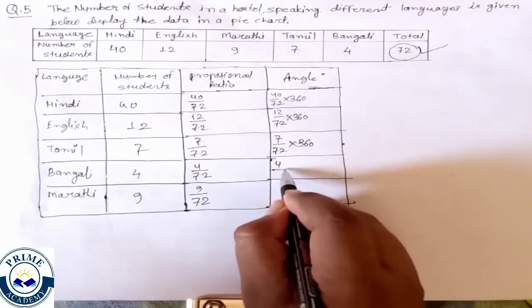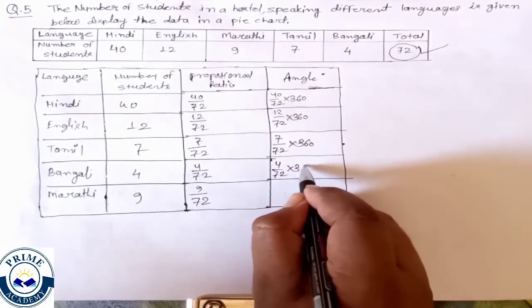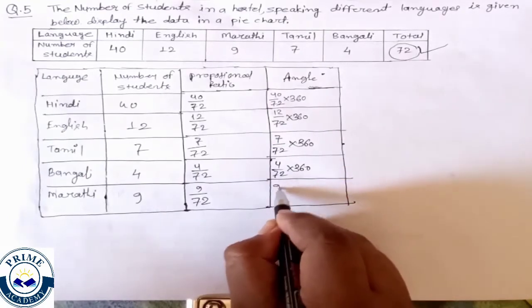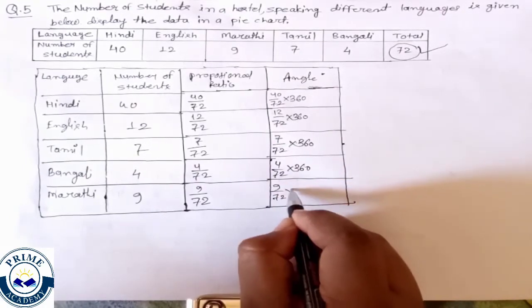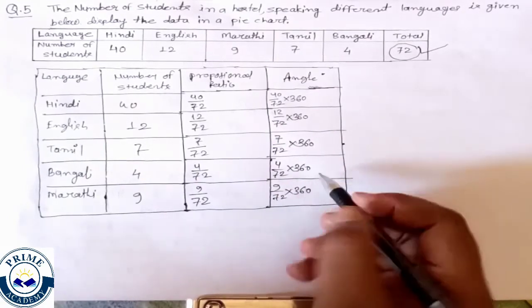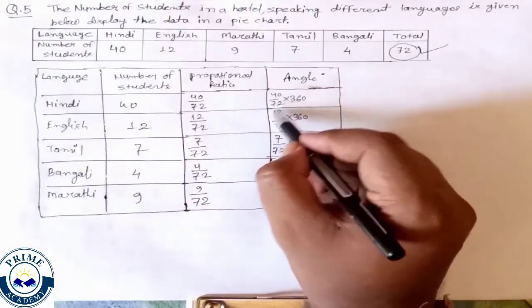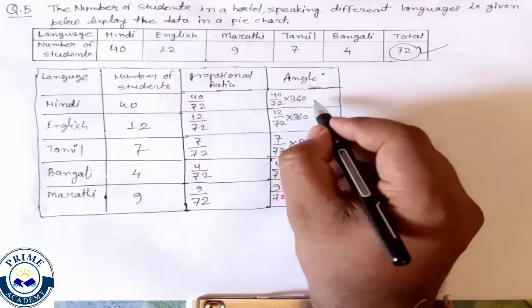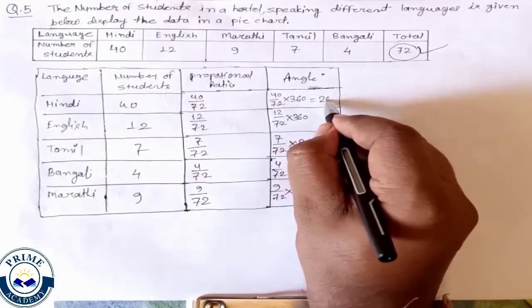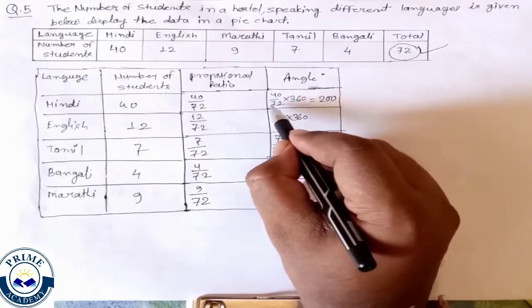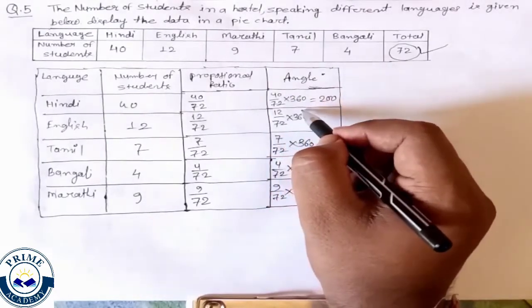There's 4 by 72 into 360, again 9 by 72 into 360, right? And calculate it. I'm directly writing the values because I have already calculated, but you have to cut out and you will get the right answer, right?